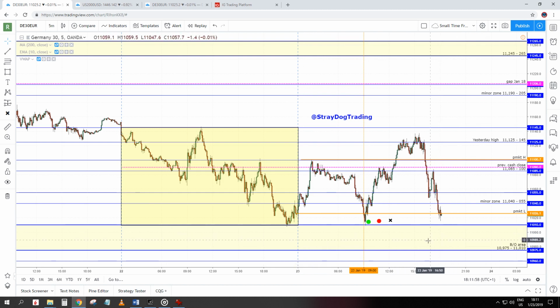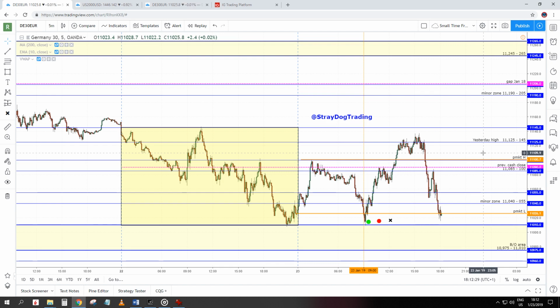zone, breakout area, which is also a yesterday low zone, and inside we have one minor zone, one zone that is better than this minor zone, because inside of it we have previous cash close and pre-market high. As I said before, not every zone is the same, but every single one of the zones that you will have on your chart that comes from me will have three jobs.